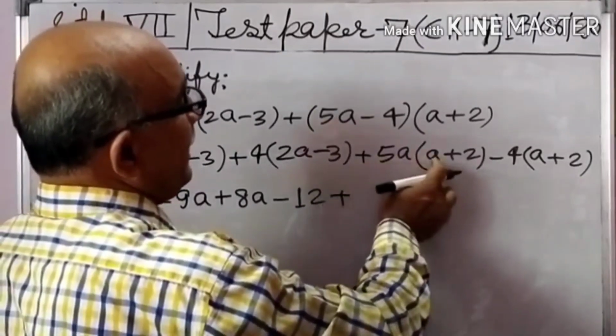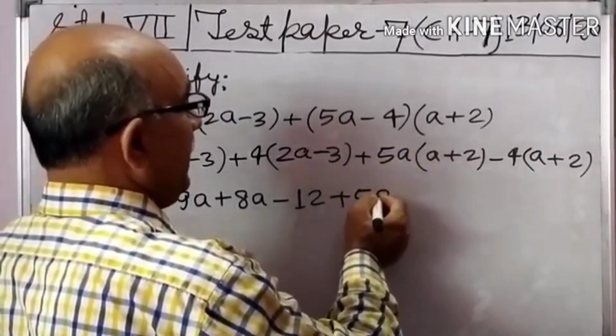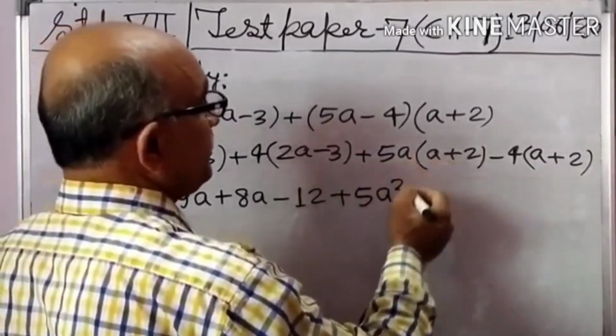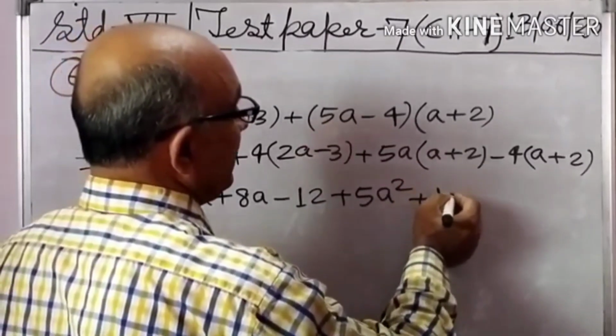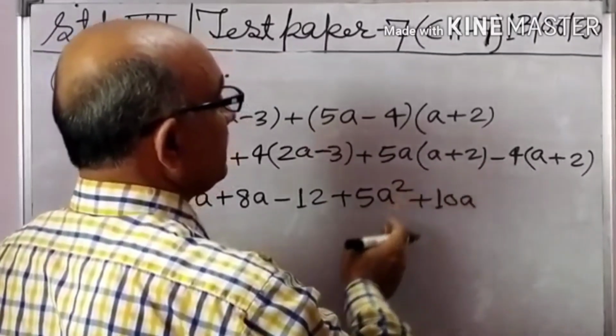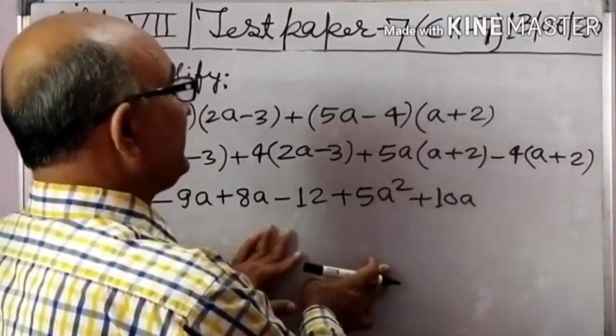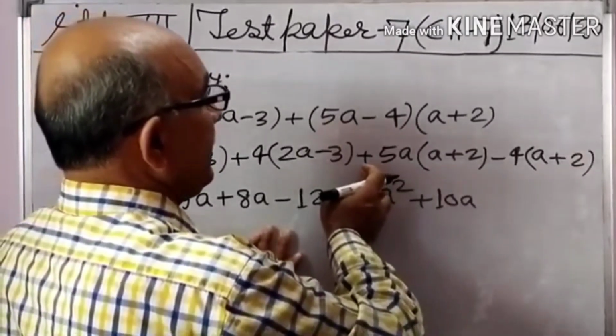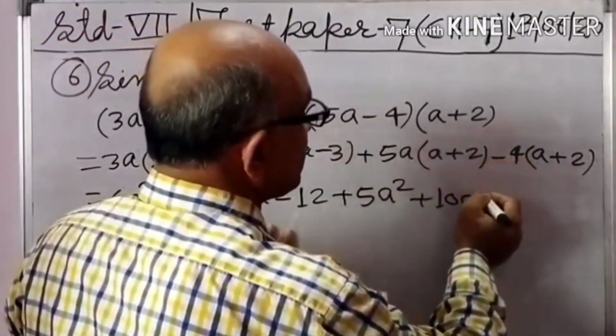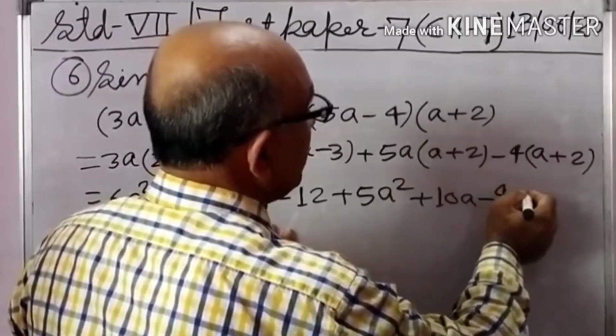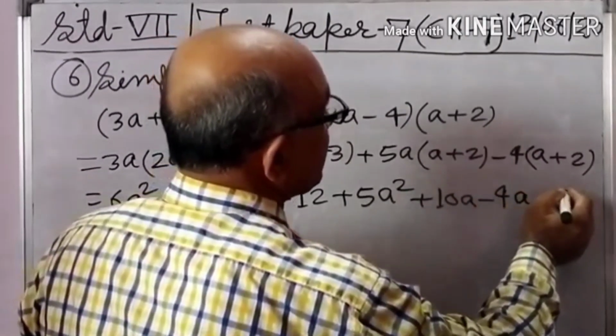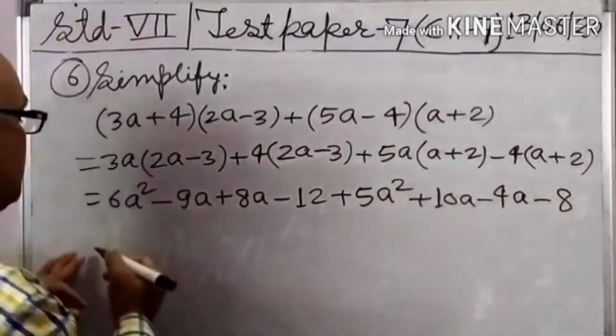Plus 5a into a is 5a square, plus into plus is plus, 5 twos are 10a. Minus 4a minus 8. Now solve it.